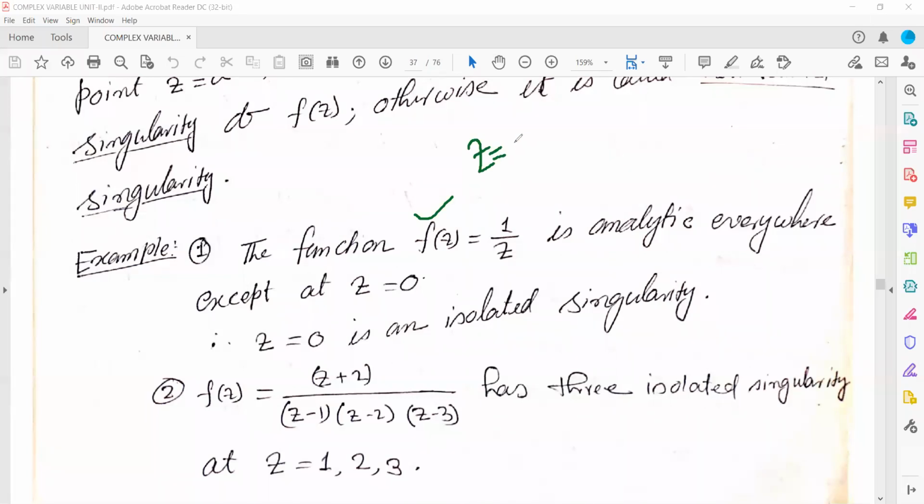Because at z equal to 0 the derivative of the function does not exist, and so the function is not analytic at the point z equal to 0. And so z equal to 0 is called a singularity of the function.